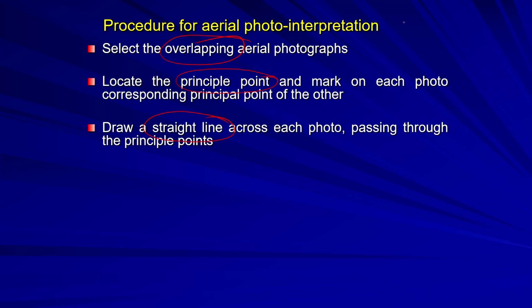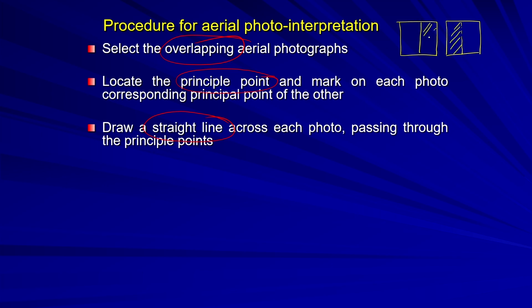So, for example, if you have one photograph here, and this we have discussed in the previous lecture also, I will just try to explain quickly. Suppose you have one photograph followed by another one, and of course, as we were talking about, you have about 60% overlap over here.